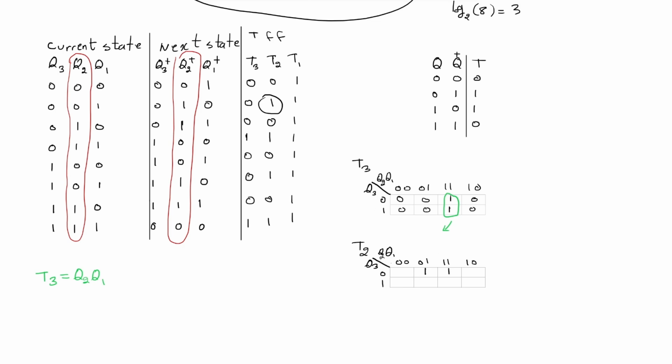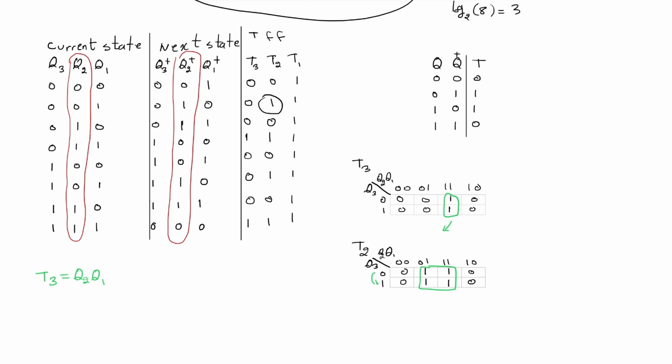Next, it's 1 in this row, which corresponds to 1, 0, 1. Lastly, the last row, which corresponds to 1, 1, 1. And then the rest are zeros. So obviously we can group these four together.